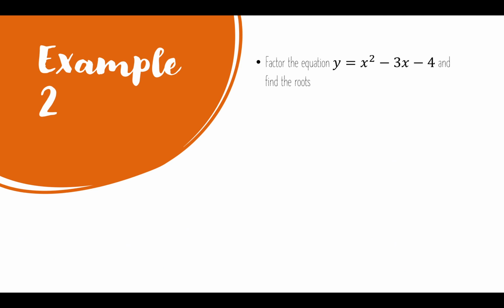Let's look at example number 2. Factor the quadratic equation y is equal to x squared minus 3x minus 4, and find the roots. Once again, using Vieta's theorem with roots p and q, we know that p plus q is equal to -b over a. In this case, my b value is -3.